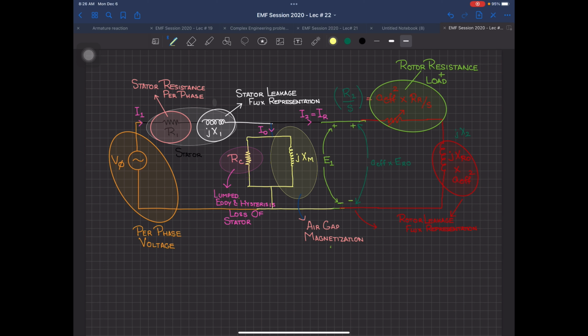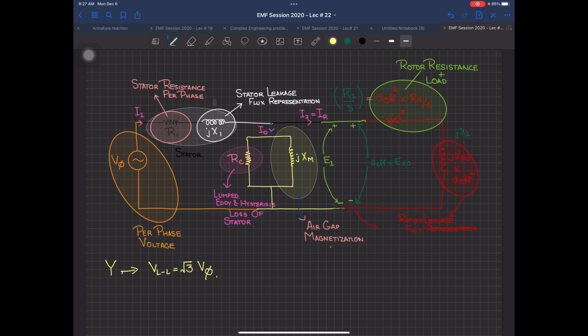Now one thing very, very important which I want to talk about with the numerical also: if your machine is connected in Y configuration, then your line to line voltage is equal to root 3 times V phase. This is very important if in the question you are given V line to line.